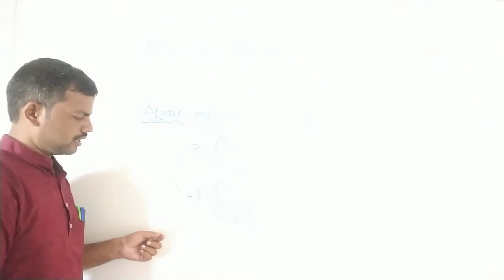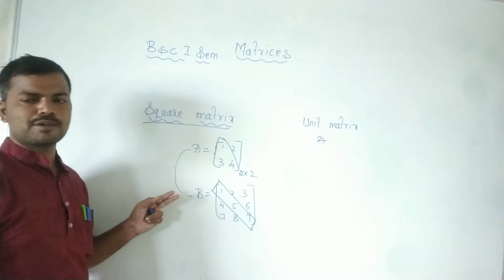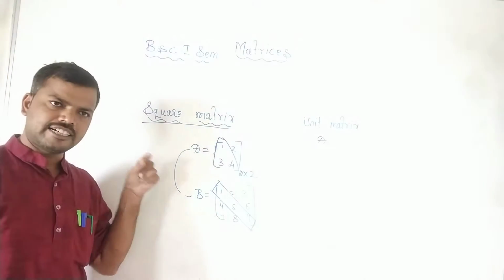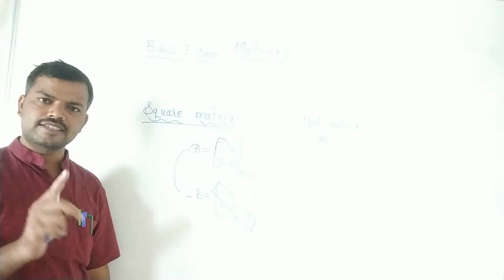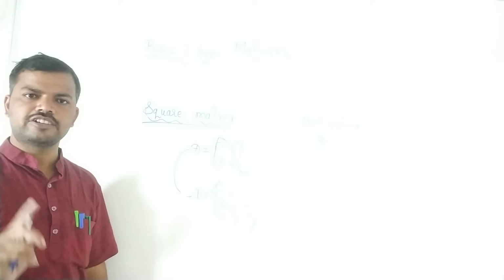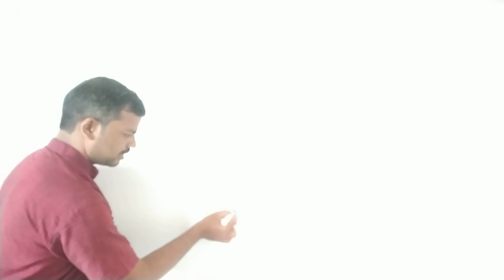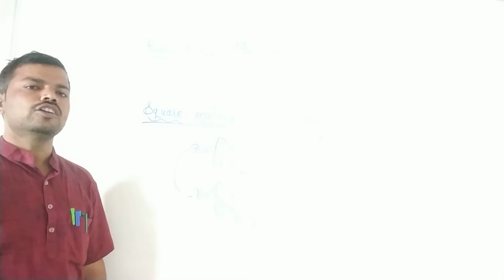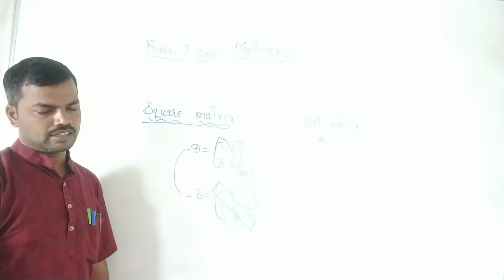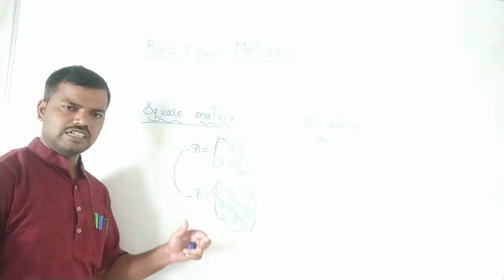The elements which lie on that diagonal are called diagonal elements. The remaining ones are called non-diagonal elements. So here it is clear about the principal diagonal.